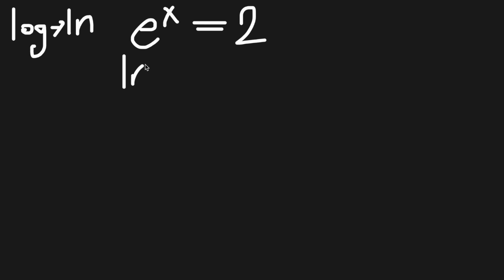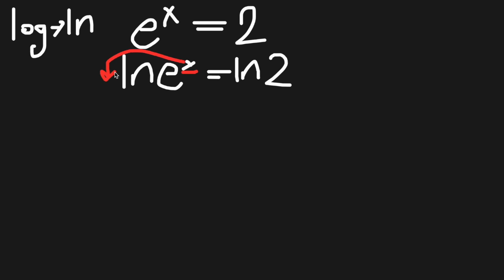So ln of e to the power of x gives you ln 2. Like the last equation, we're going to move the x to the front. By doing that, we get x ln e is equivalent to ln 2.